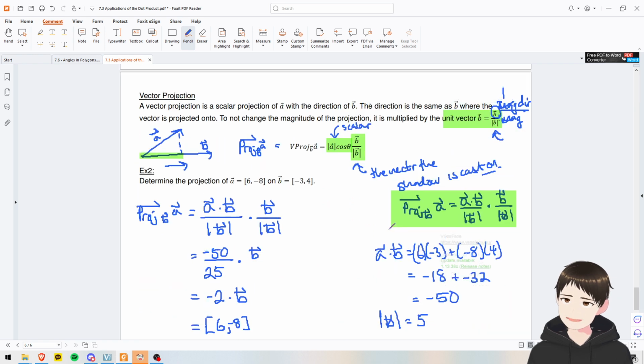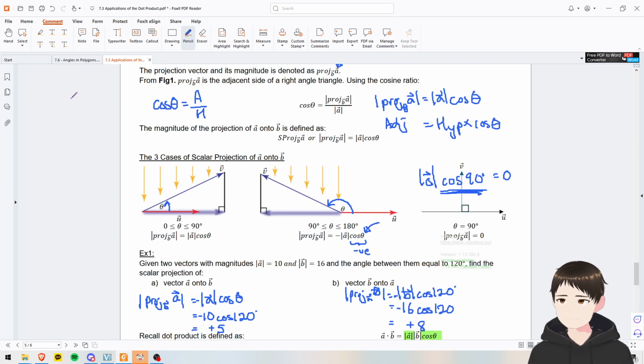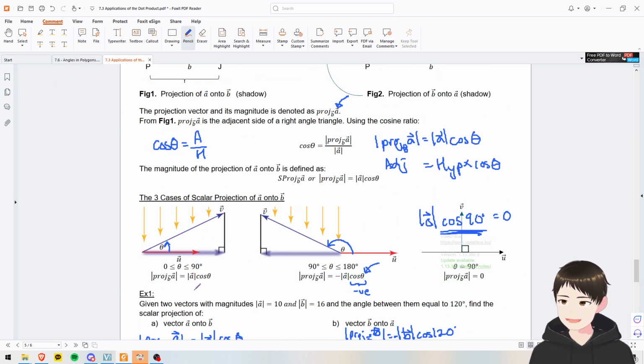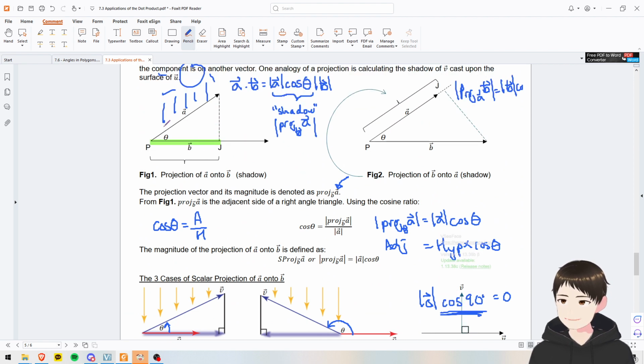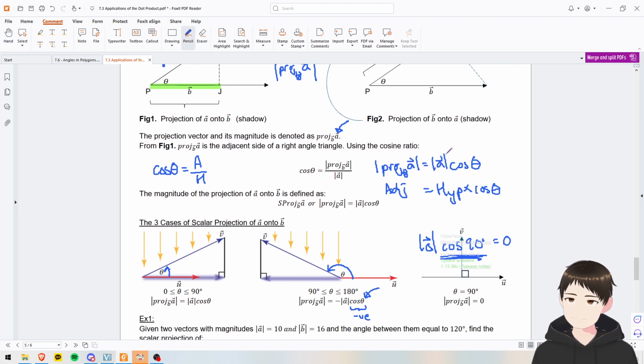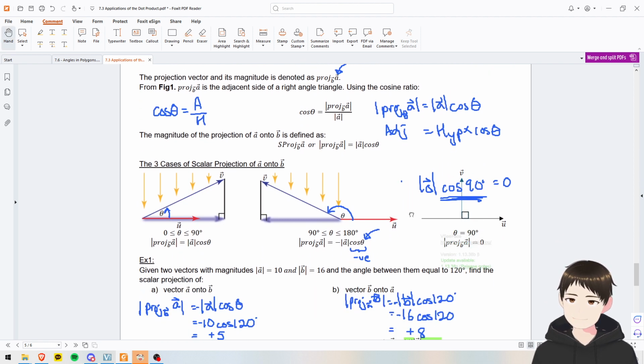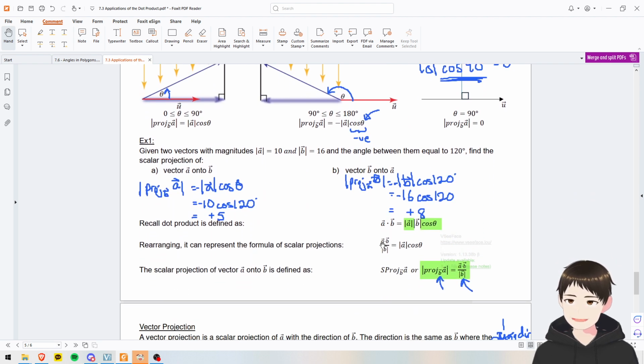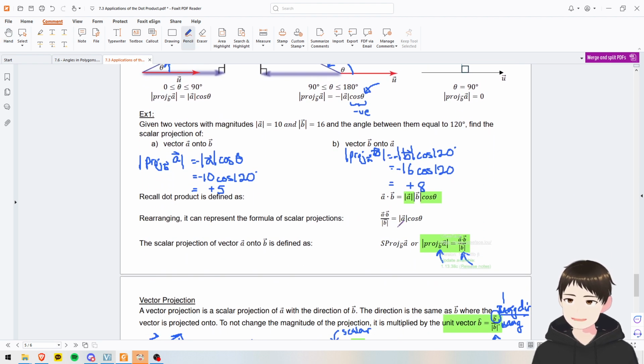Okay, so let's quickly recap. Projection is, in short, the shadow or the component portion of one vector onto another vector. That can be a simplified form or a modified form of the dot product. So here in this case, if it's a onto b, the magnitude of a cosine theta. But remember that projection is also a part of the dot product. And so we can have a slightly more complicated formula for it. Why?